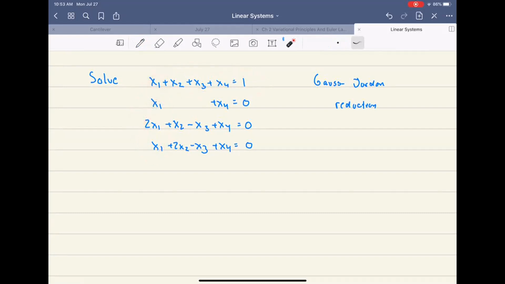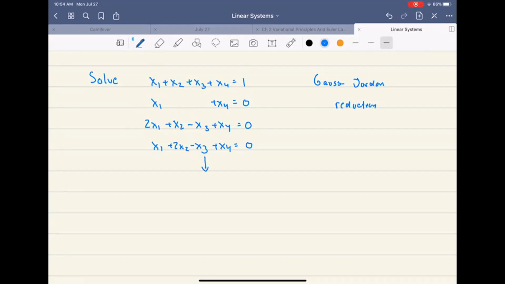Then you eliminate all the x2s, and so on and so forth. You get what's called an upper triangular system, and you can solve for all of these pretty easily. We're not going to do that because it's just not really what we're focusing on here. So what I'm going to show you is how to do this on the computer. First, we're going to write this as a system.